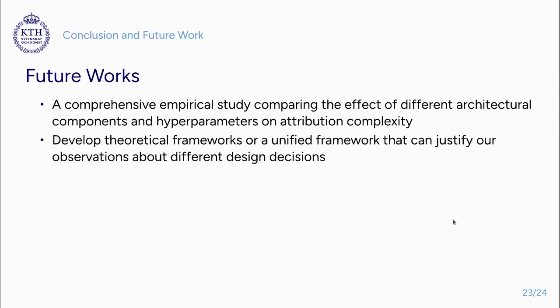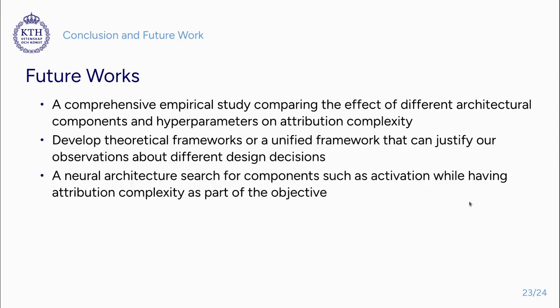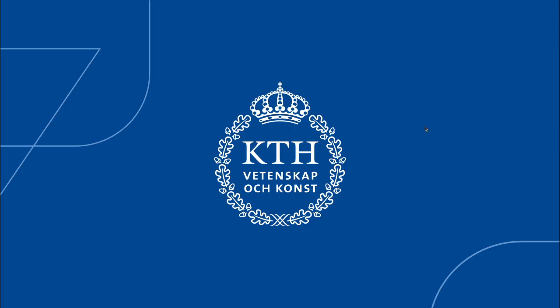Another way is, when we do this empirical study, the path is open for a unifying framework that can justify all observations in one framework, theoretically. Also, when we can quantify this complexity, we now can add this complexity as part of our objective in a neural architecture search. Thank you for your attention.